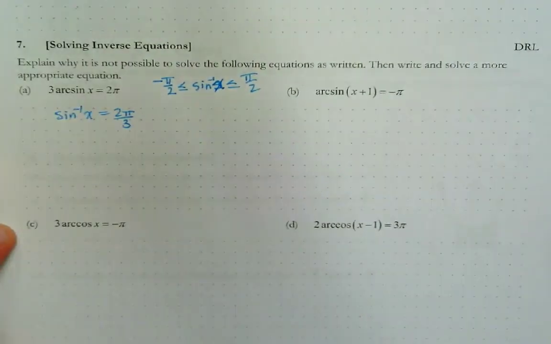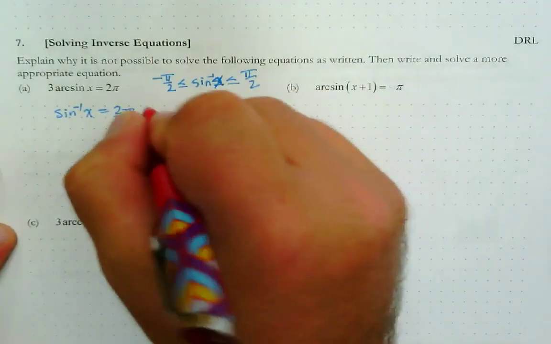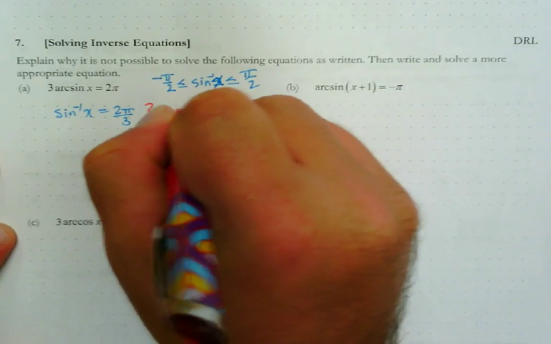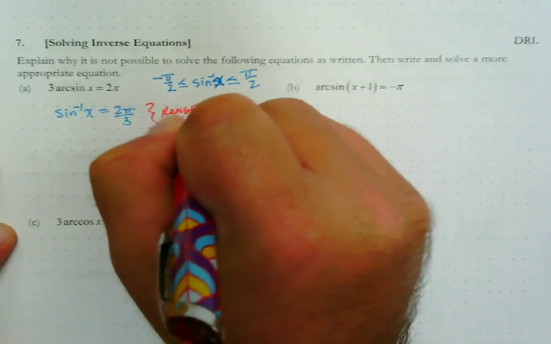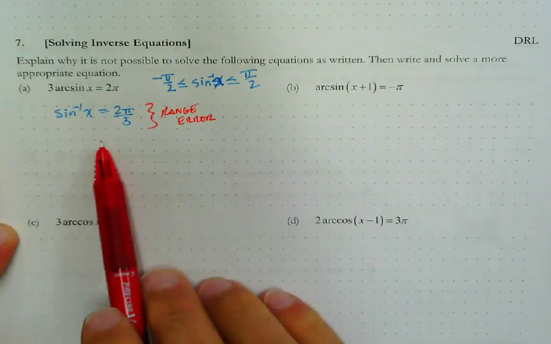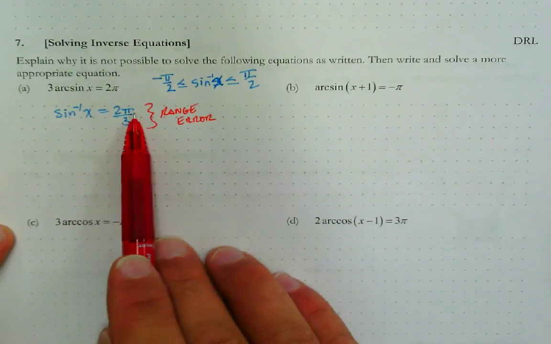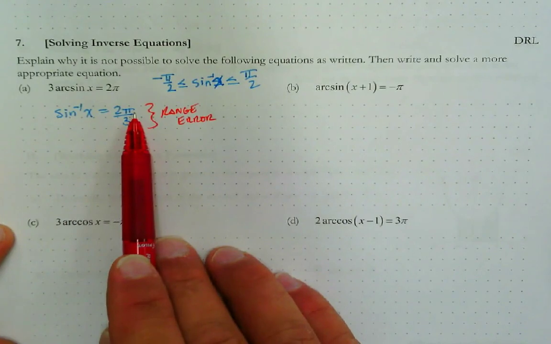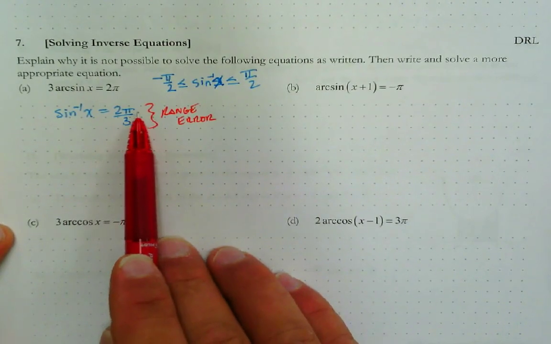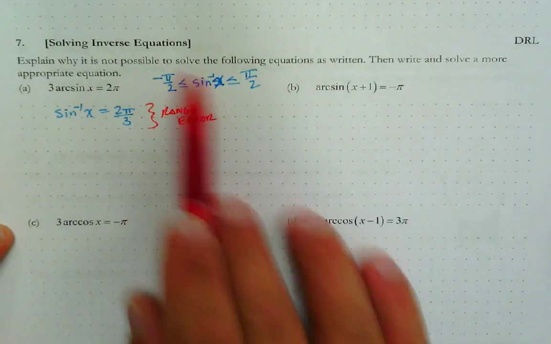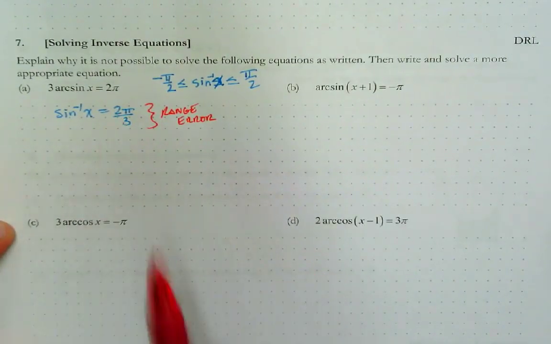Well, immediately here, this is a range error. Technically speaking, the output of the inverse sine cannot be 2 pi over 3. No, can't do it. That's the problem with this equation.